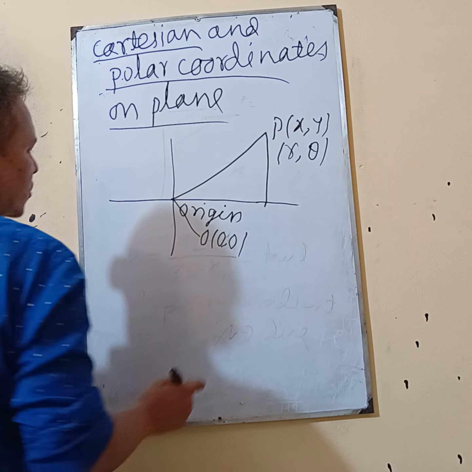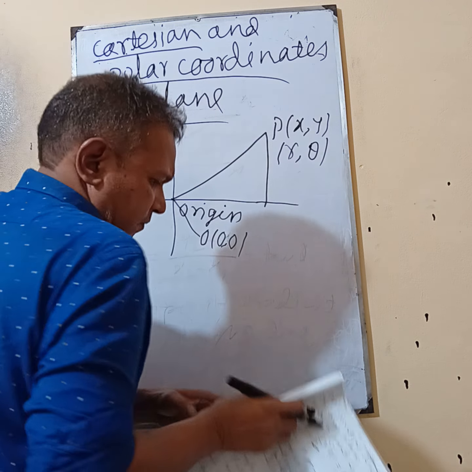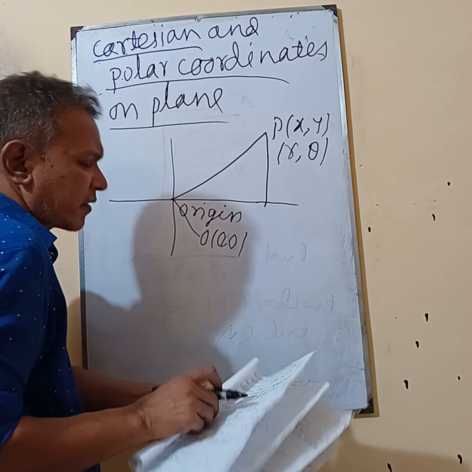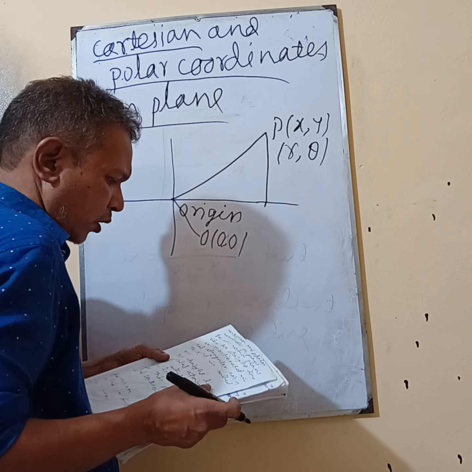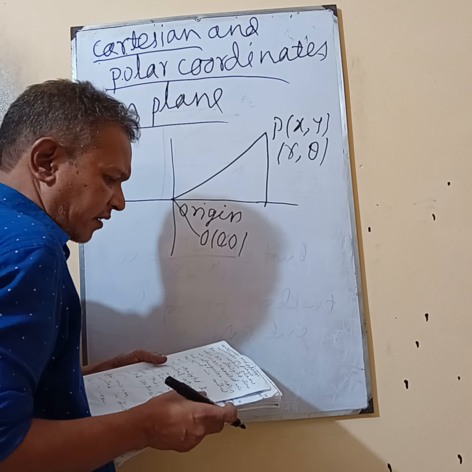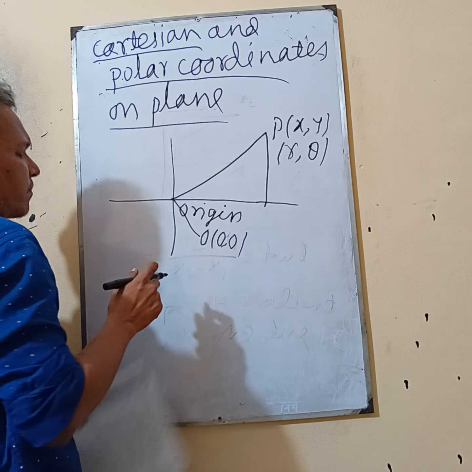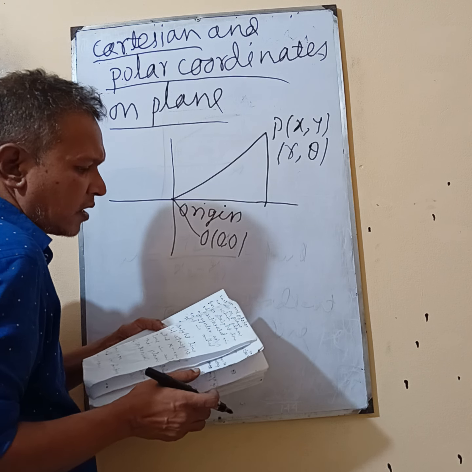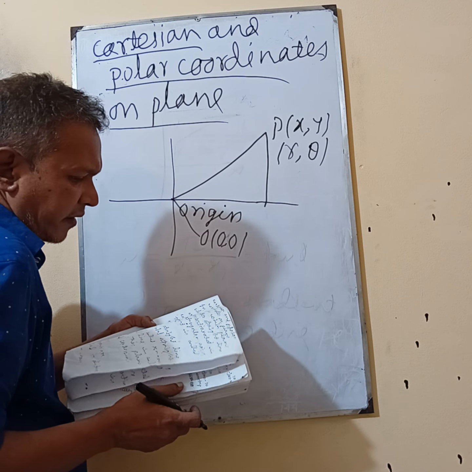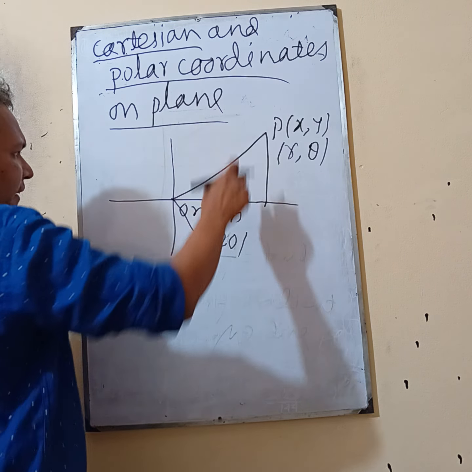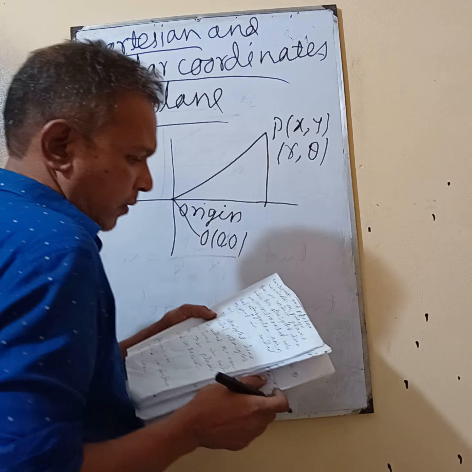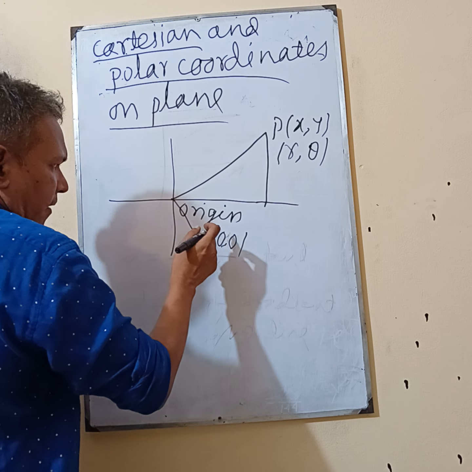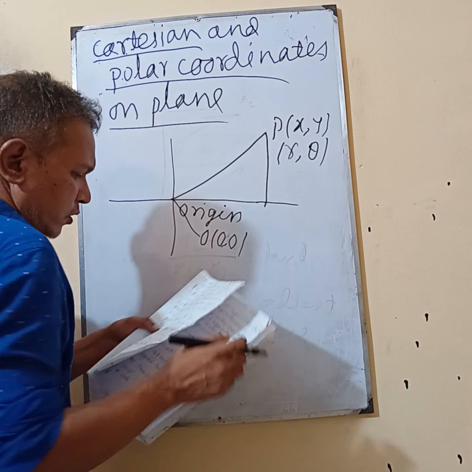So I have to explain some Cartesian coordinates and polar coordinates. When we choose in any certain plane, this is a certain plane, when two lines cross, they are called rectangular axes. This point is called the origin, O (0, 0).